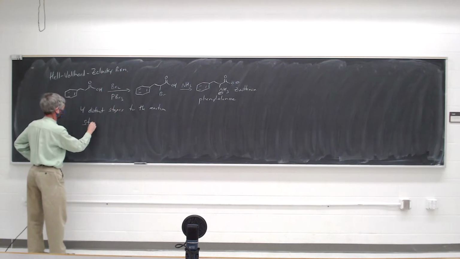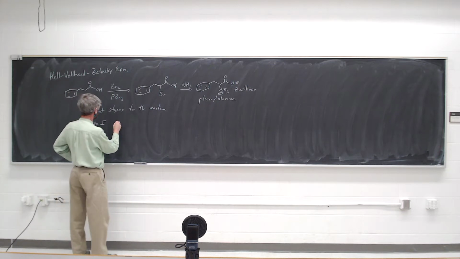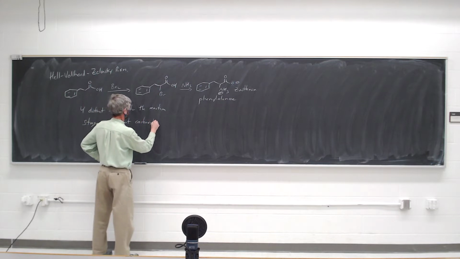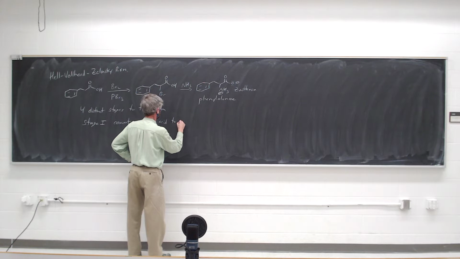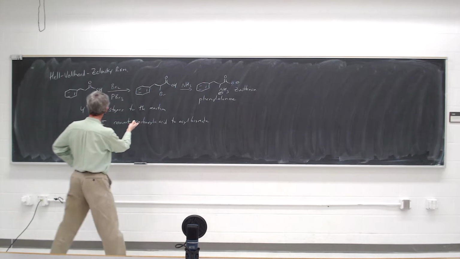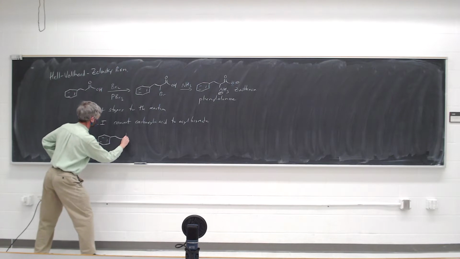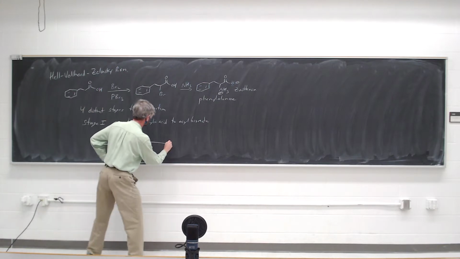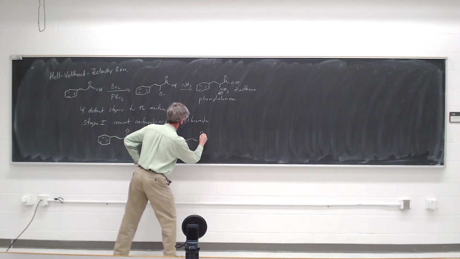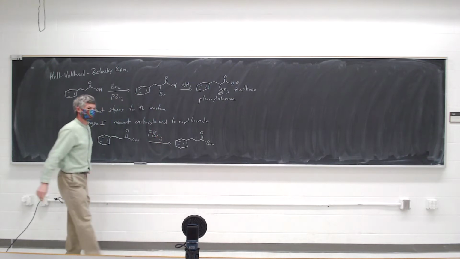In stage 1, we convert the carboxylic acid to the acid bromide. So the net reaction in this stage 1 is to take the carboxylic acid and make the acid bromide using PBr3.